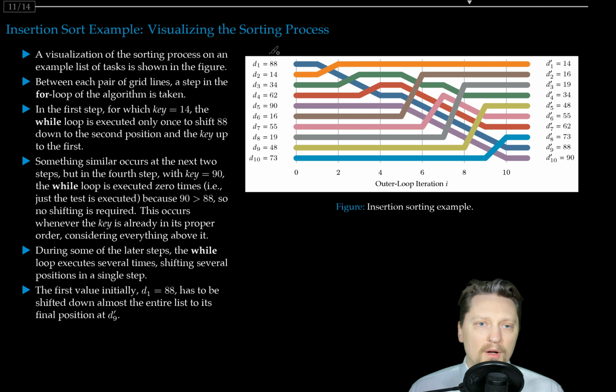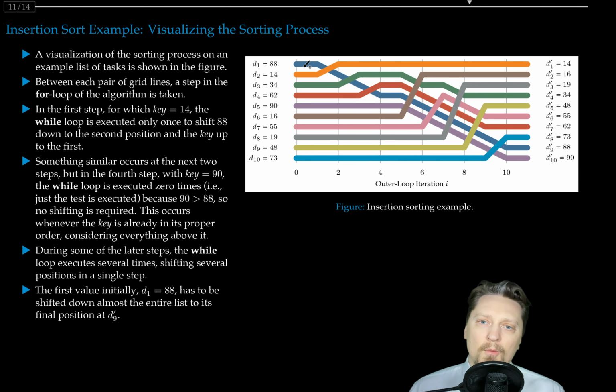So the input list is D1 through D10, so 10 elements in our list, and they start off unordered. 88 is the first one, 14, all the way down here to 73.